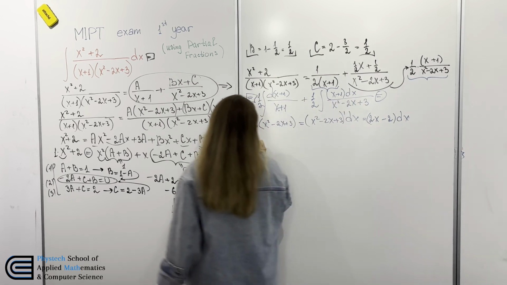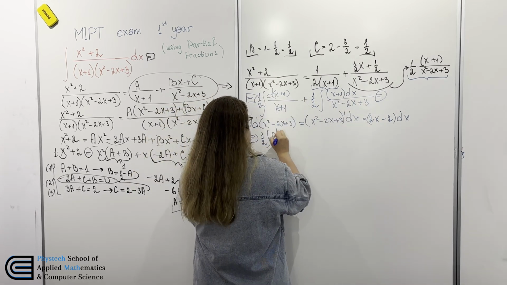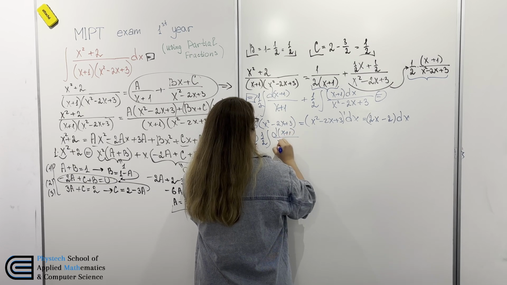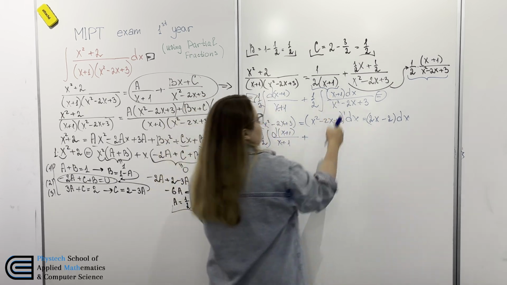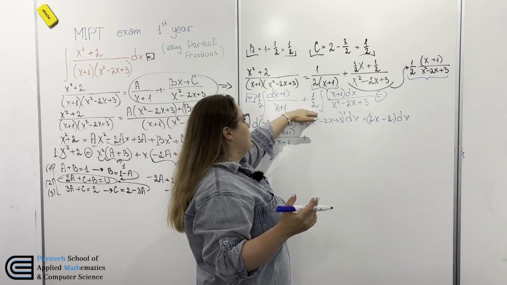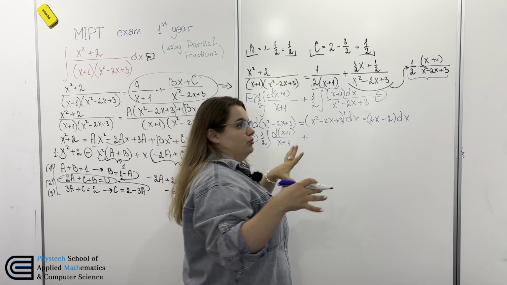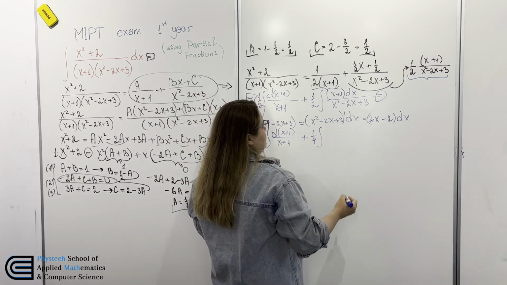And here we can see x, it's very good for us, and we can add something or subtract something. Let's do it. So I will rewrite this line. 1 divided by 2 integral dx divided by x plus 1, plus, I want to multiply our numerator by 2, so I divide our line by 2. So here we obtain 1 divided by 4 integral.